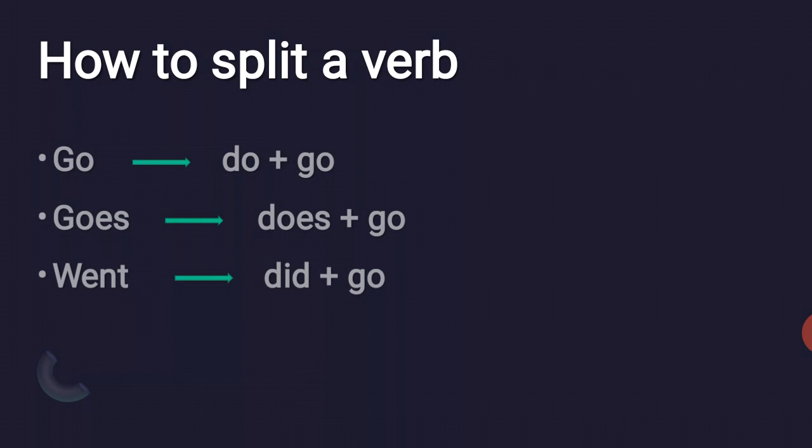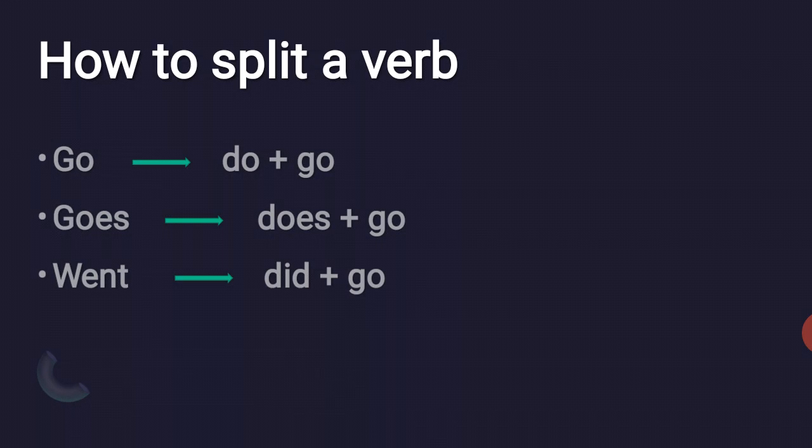And goes is a singular verb, because the verb has s, es, ies, so that is split with does plus go. And went is the past tense of go. It is split with did plus go. So this way you have to split a main verb, that is called the base form of a verb.